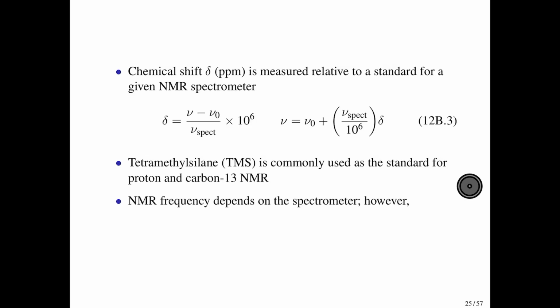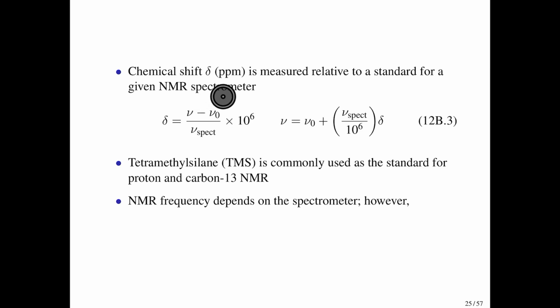The chemical shift is typically measured in so-called ppm units, parts per million. We measure the shift in the NMR frequency with respect to a particular standard. So nu-0 here is the NMR frequency for a particular compound. Often in proton and carbon-13 NMR, we use tetramethylsilane, or TMS.